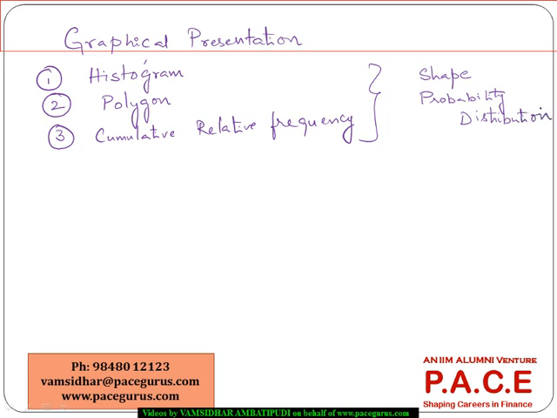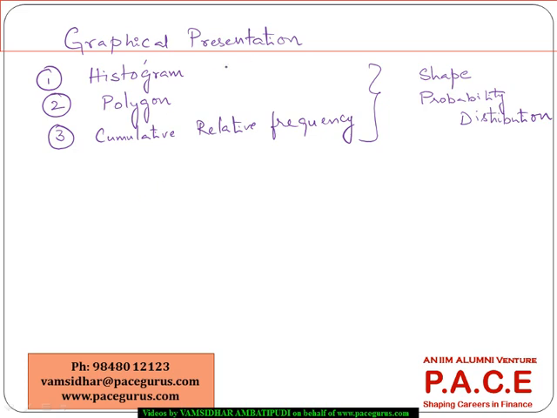Just by visually looking at the shape, I can see what kind of probability distribution is more apt for this kind of data. So from all those perspectives, plotting a histogram, a polygon or a cumulative relative frequency distribution will be of very good help for us.